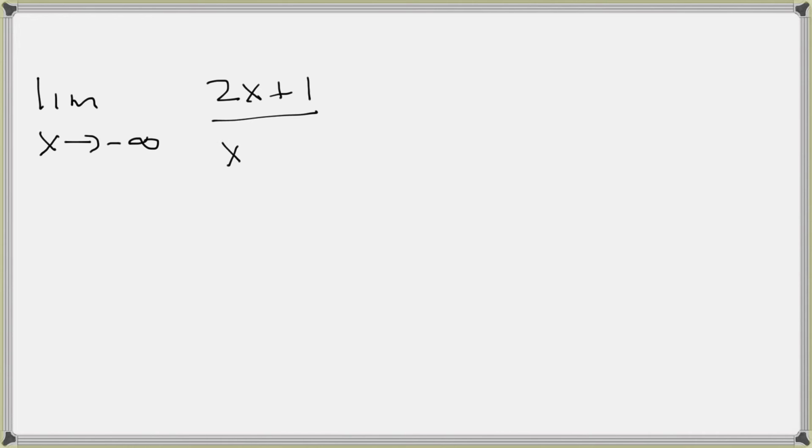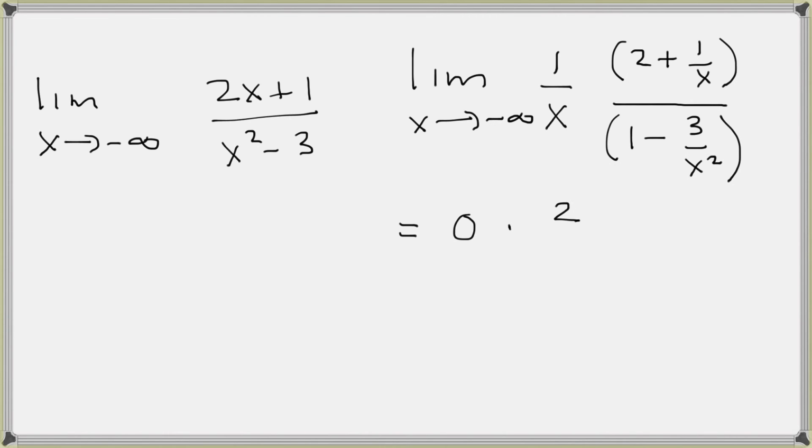It turns out that the limit as x goes to negative infinity is pretty much the same technique here. I would follow exactly the same steps as I just did, and it would boil down to 1 over x here.